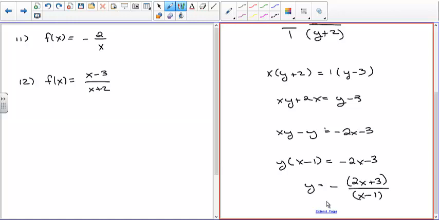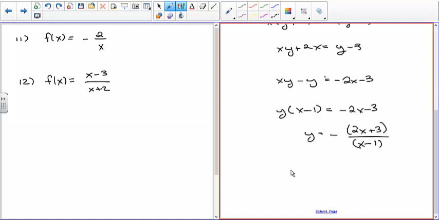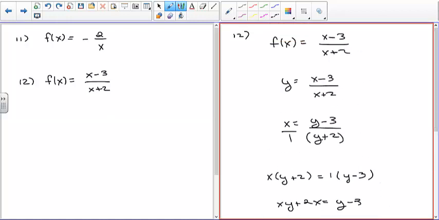And then we call this f prime of x. F, the inverse function. It's negative 2x plus 3 quantity divided by x minus 1. So let's go back up here. Here's my original function.